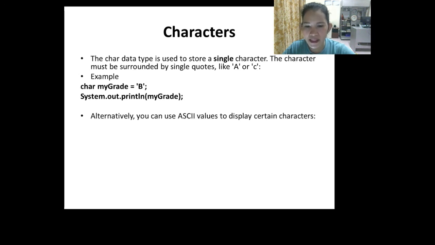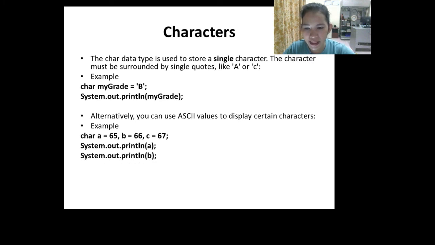Alternatively, you can use ASCII values to display certain characters. Example, char a = 65, b = 66, c = 67. System.out.println(a). System.out.println(b). System.out.println(c).